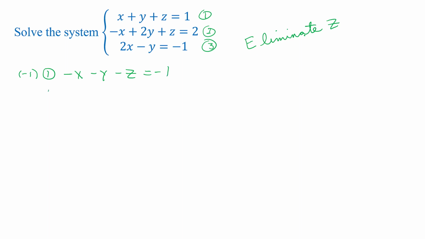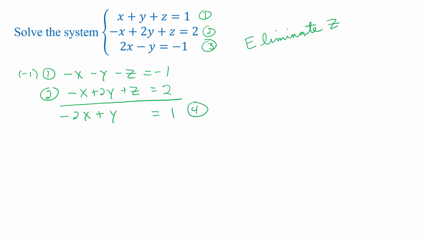I would add that to equation 2, negative x plus 2y plus z equals 2. We get negative 2x plus y equals 1, and this will be our equation 4.